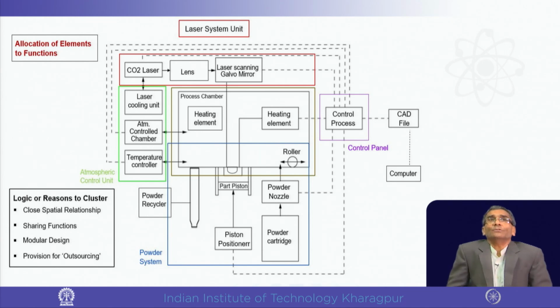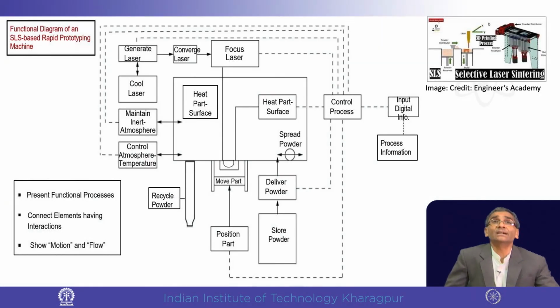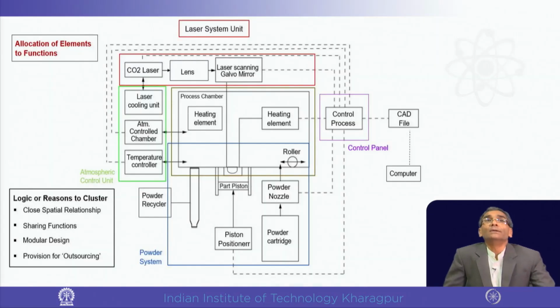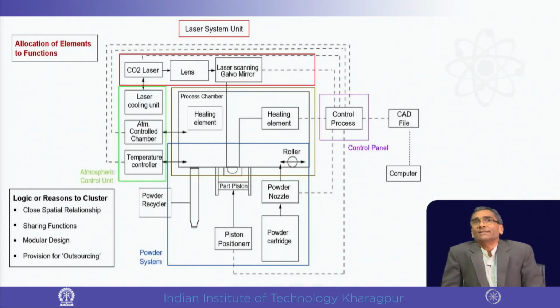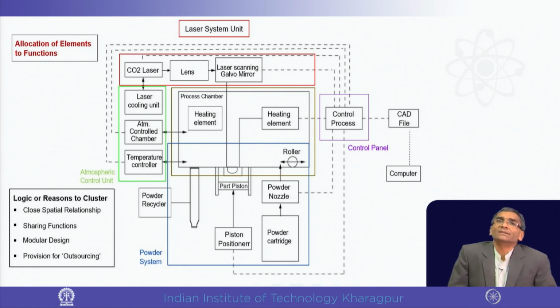This diagram therefore shows that in the earlier case we said generate laser. Now, here we are saying CO2 laser, that is, a CO2 laser process source is being used, that is converged through a lens, and then we said focus the laser.